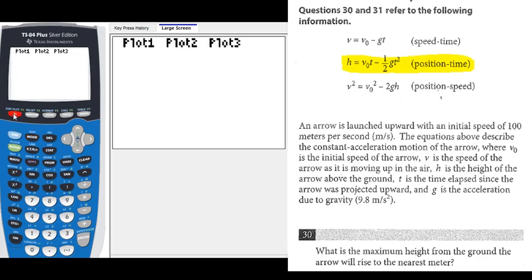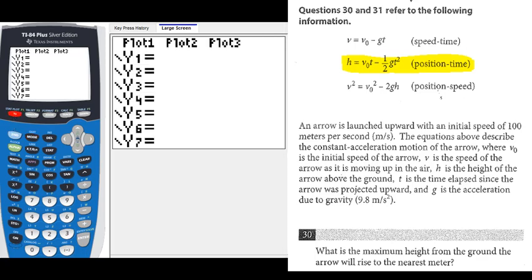So we go to y equals now. Initial speed v0, that's 100. Since I'm looking for the maximum value, the variable is x, so I change t into x. Then minus 1/2 times 9.8 times x squared.